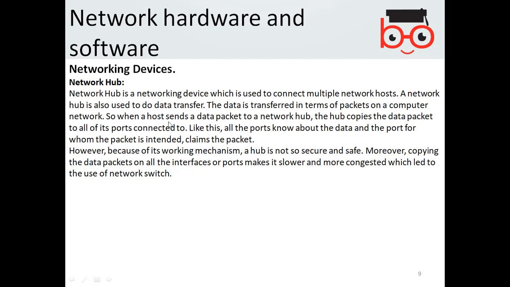So when a host sends a data packet to a network hub, host meaning a computer sending a data packet to a hub, the hub copies the data packet to all of its ports. All ports know about the data, and the port for whom the packet is intended claims the packet. Is it clear?